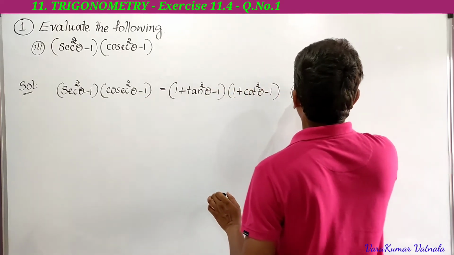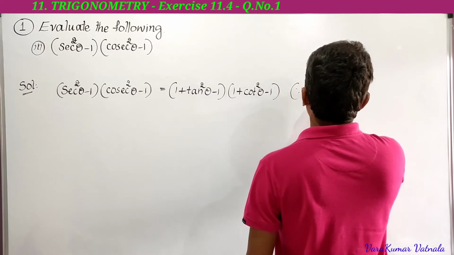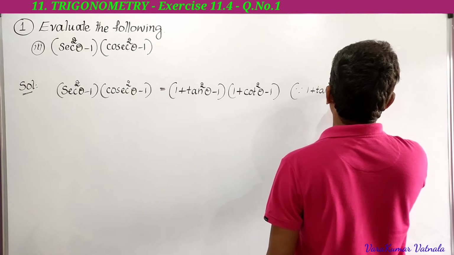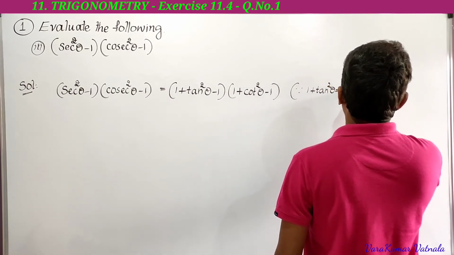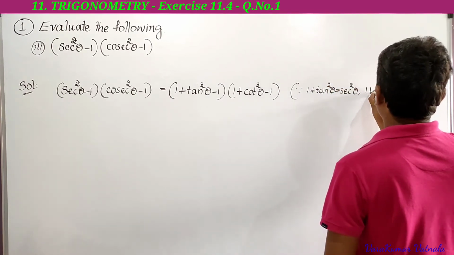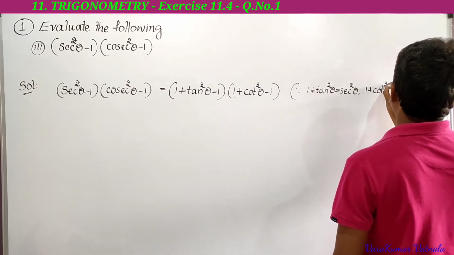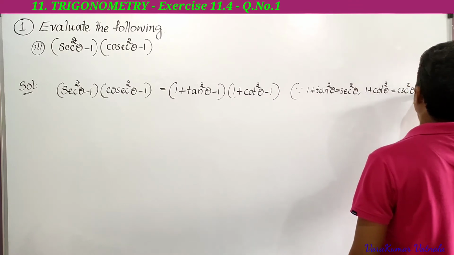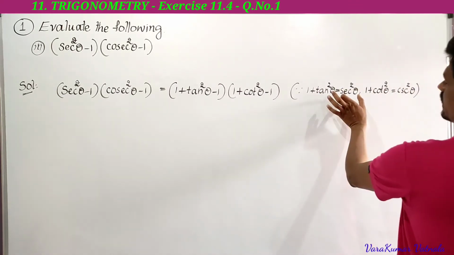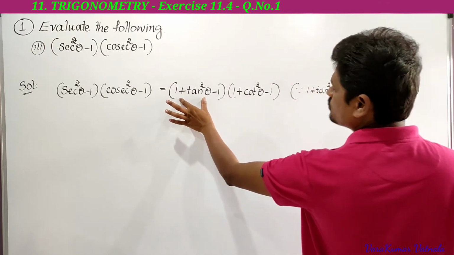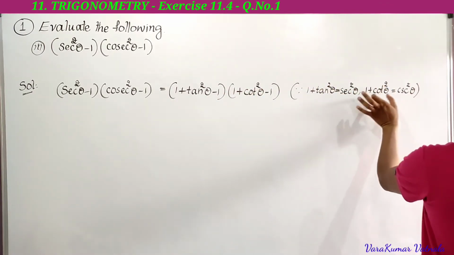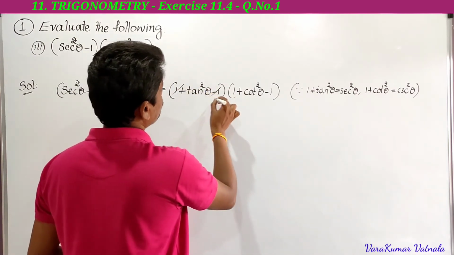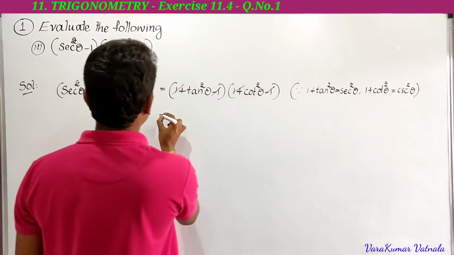So here we have applied 1 plus tan square theta equal to secant square theta, comma 1 plus cot square theta equal to cosecant square theta. So using these two we have written. So instead of secant square theta I have written 1 plus tan square theta. Instead of cosecant square theta I have written 1 plus cot square theta. So here plus 1 minus 1 gets cancelled, plus 1 minus 1 gets cancelled.